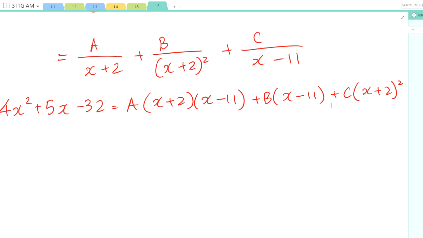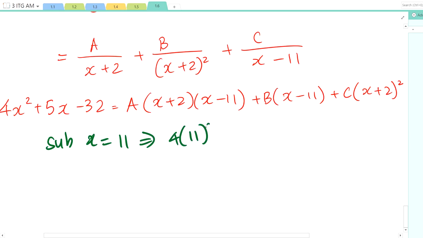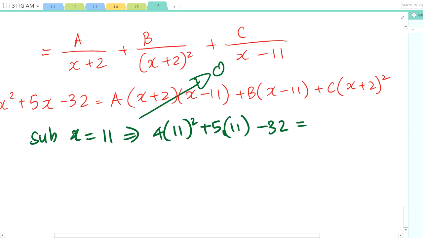Okay, so sub x equals 11. That is 4 times 11 squared plus 5 times 11 minus 32 equals, on the right hand side, this disappears, I'm left with C times (11 plus 2) squared.